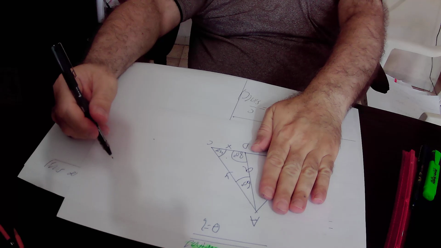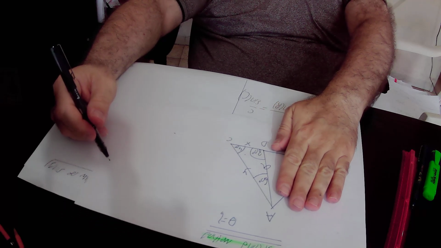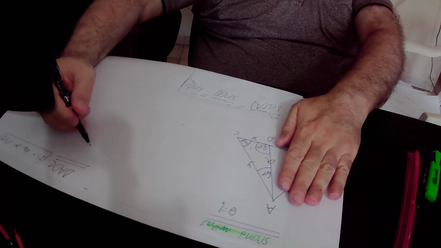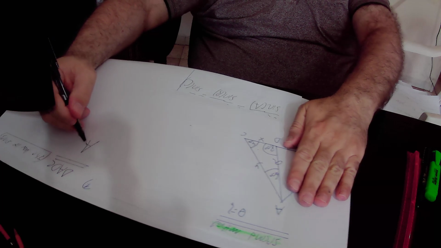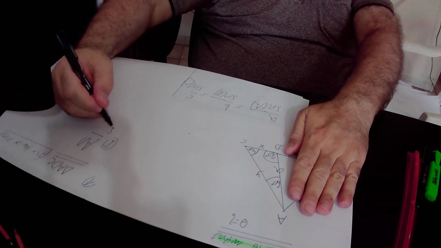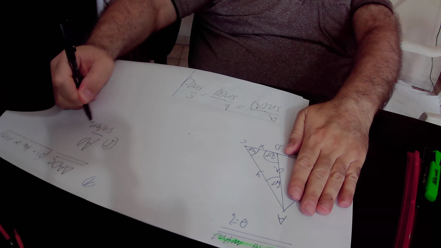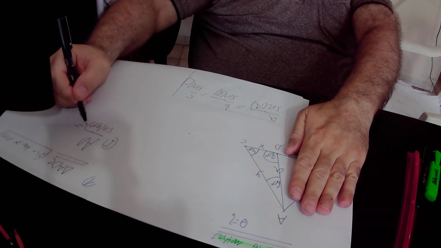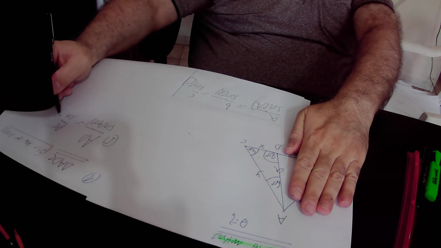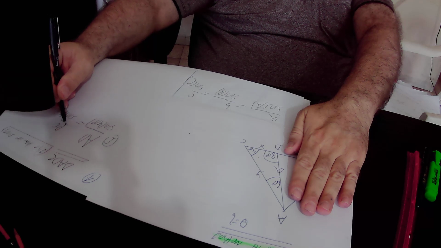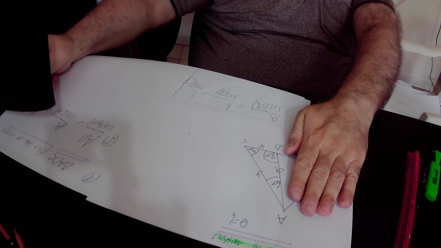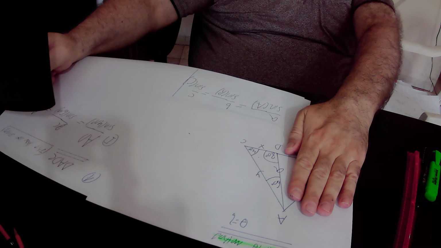We get that AD over sine 40 degrees equals DC over sine 60 degrees, and it is equal to AC over sine 80 degrees.